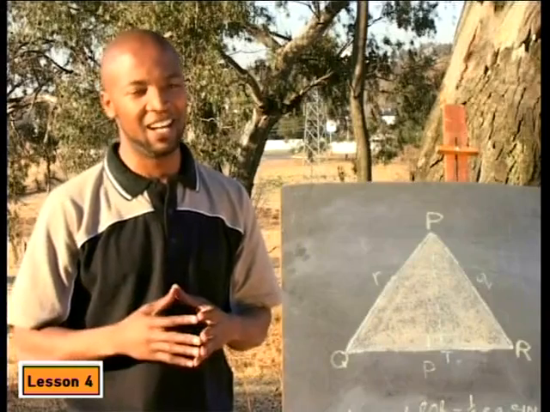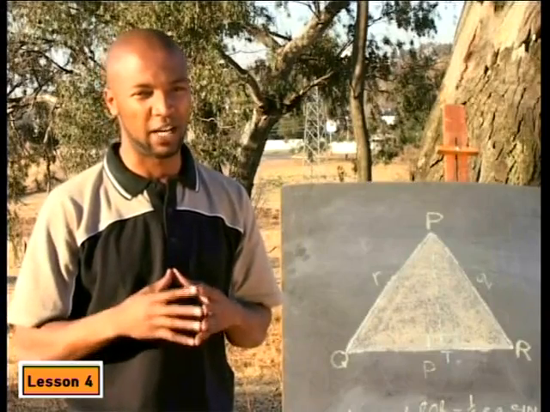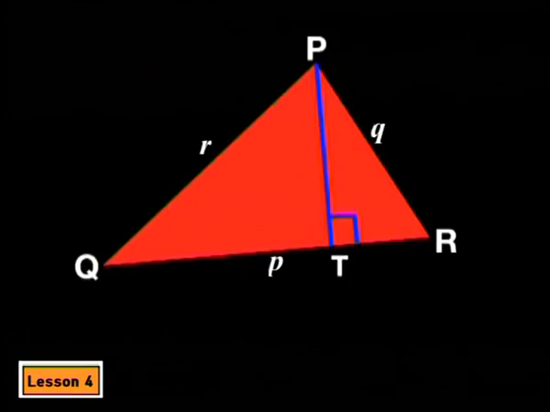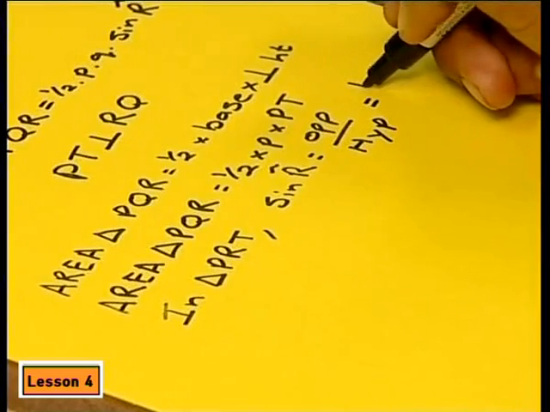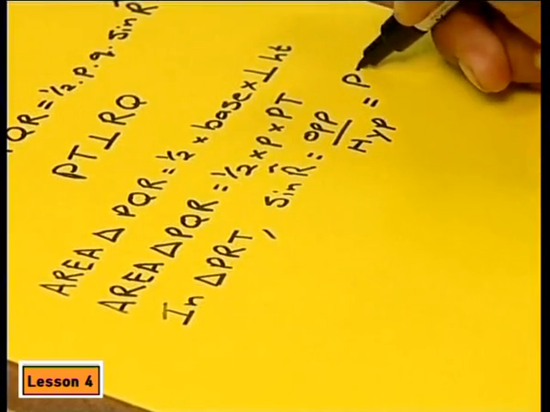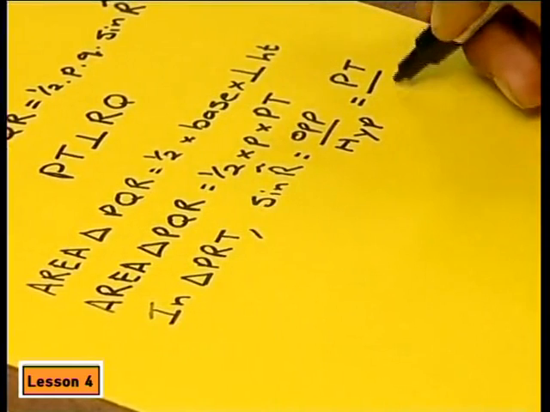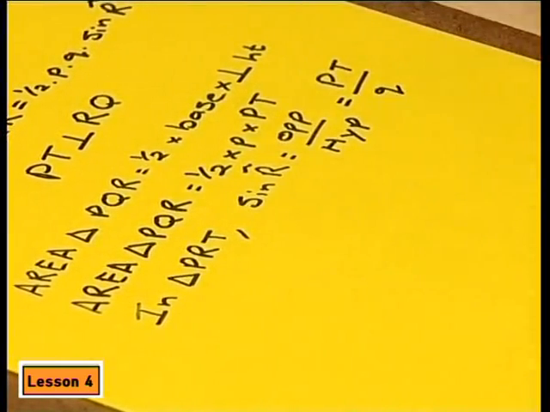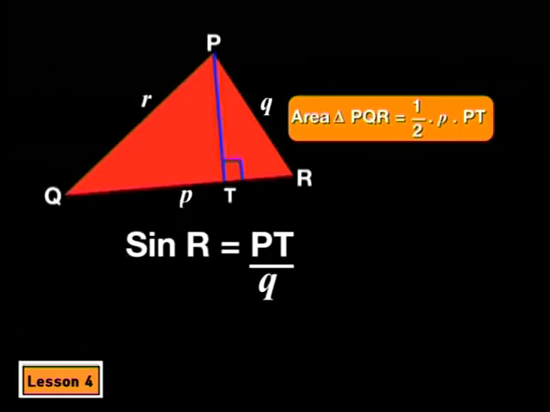How does that help us? Be patient. Let's see how the two right-angled triangles can help us. Look at triangle PRT. What is the sine of angle R? It will be the length of the opposite side divided by the hypotenuse. That's PT divided by Q. Yes, and I'm interested in getting PT by itself.